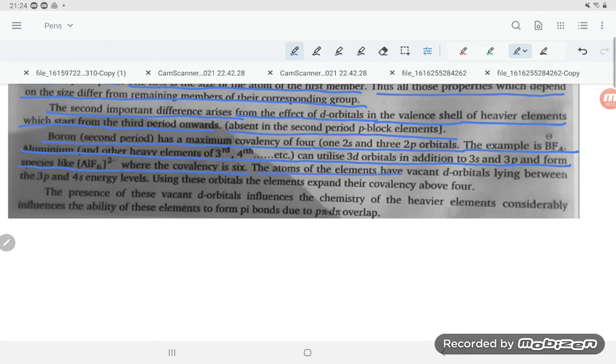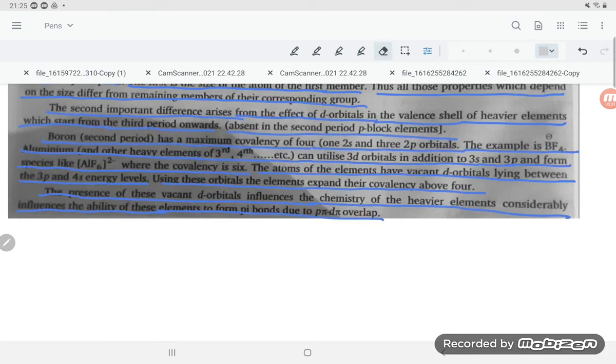The atoms of these elements have vacant d orbitals lying between 3p and 4s energy levels. Using these orbitals, the elements expand their covalency above 4. The presence of these vacant d orbitals considerably influences the chemistry of the heavier elements, including their ability to form pi bonds due to p pi d pi overlapping.